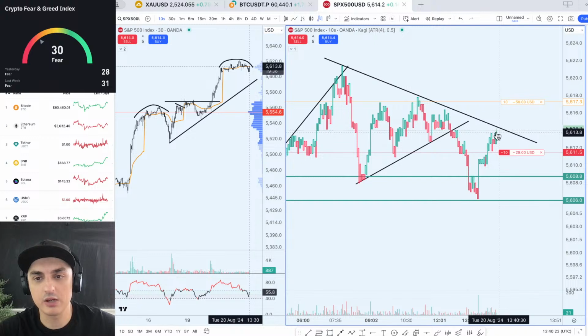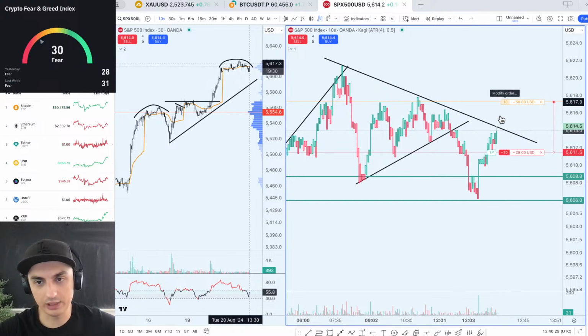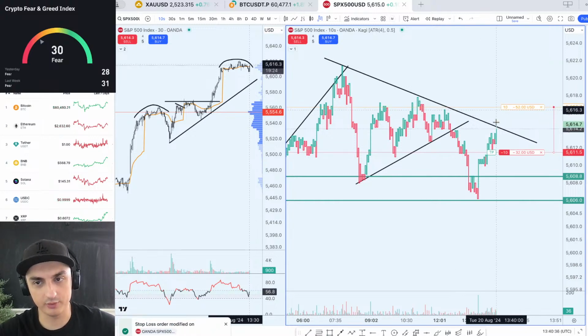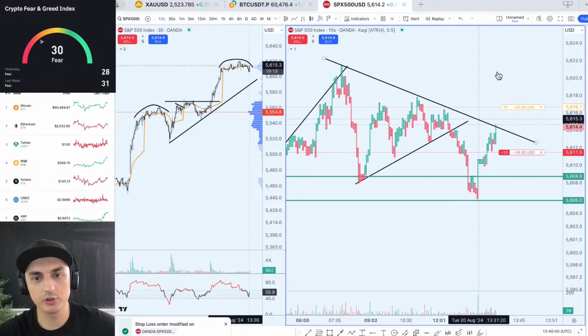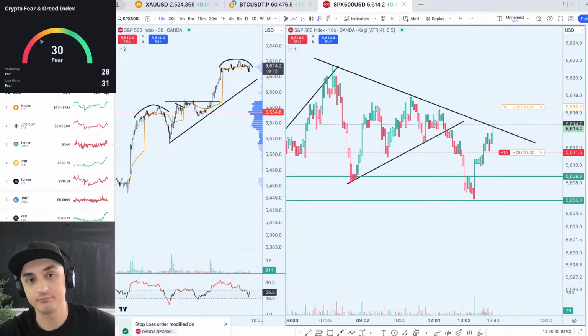So we got another breakout over here. I don't want to lose a lot. We got pretty decent price action over here. I'm going to just correct my stop loss to 5,616. If we push to the north side, that is going to be my stop loss.